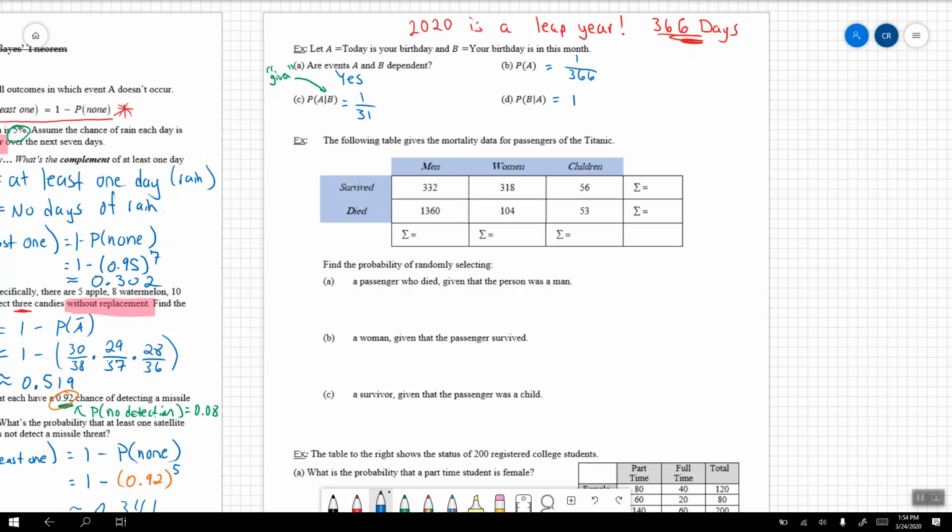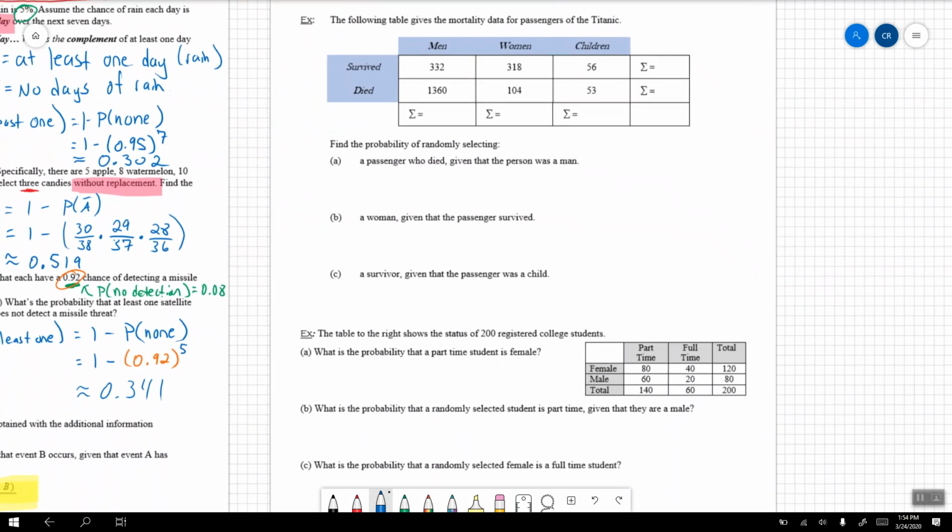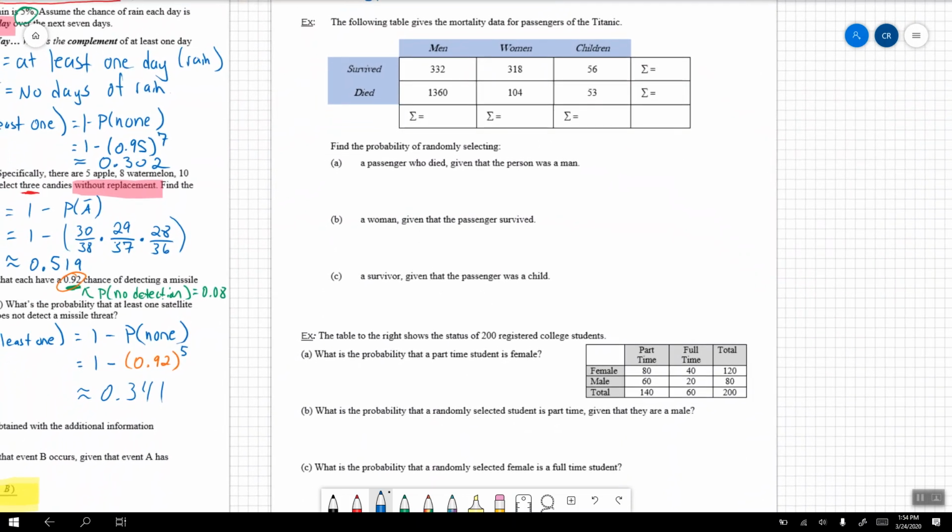All right. So now that we have this, we can go to the following table. The following table here gives a mortality rate for passengers of the Titanic. People who survived versus people who did not survive, and then they're classified as men, women, or children. So we're going to go through and get some totals here. So let's start getting some marginals. 332 plus 1360, that's going to be 1692.